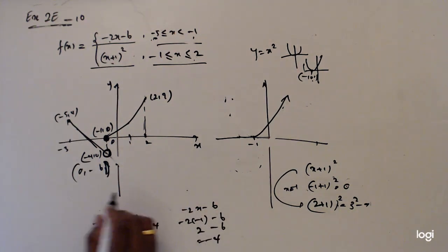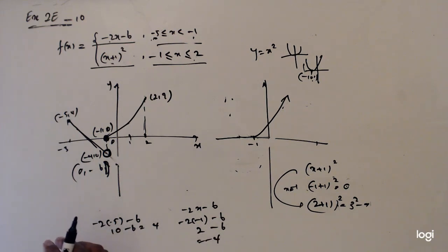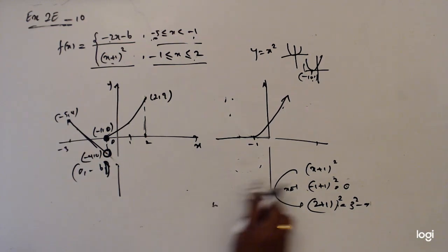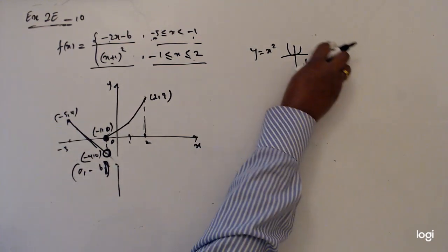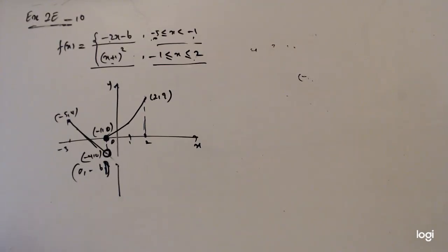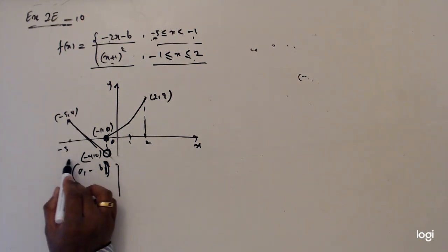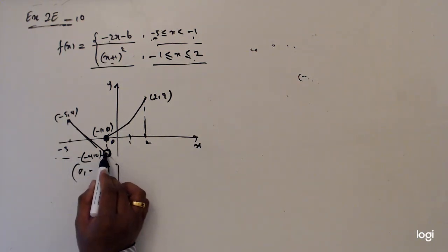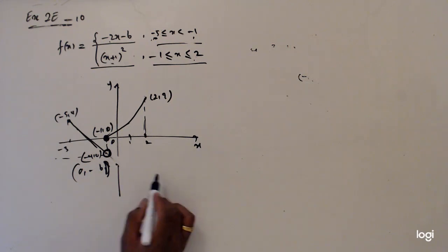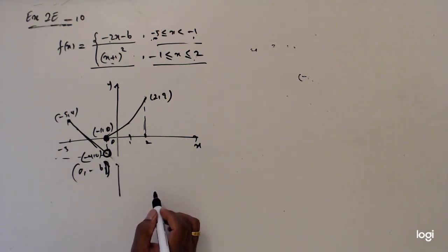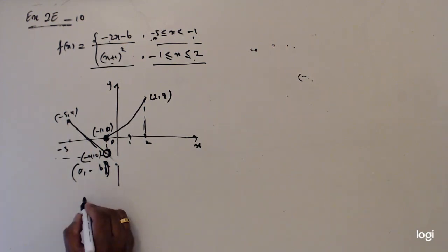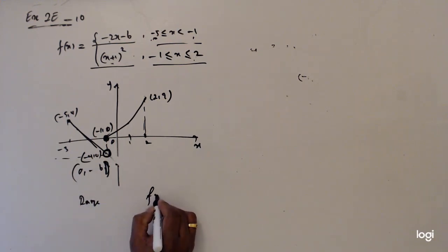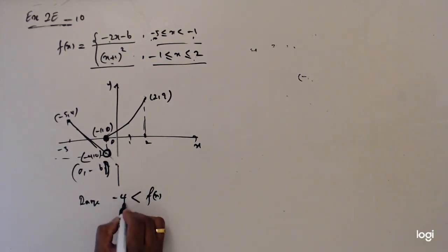Part A, we need to find the range for the f(x) function. Range means the y values. What is the minimum of y and the maximum of y? The minimum of y, we can see, is minus 4, but not equal to minus 4.